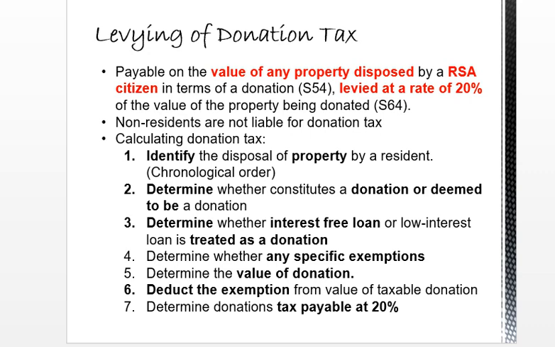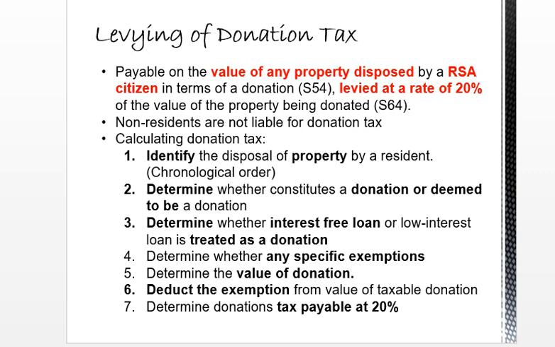So how do we calculate the donation tax? Firstly, as I mentioned before, you want to identify the disposal of property by a South African resident. When you make donations, in chronological order from when you made them, you want to identify the sum of the property donated.